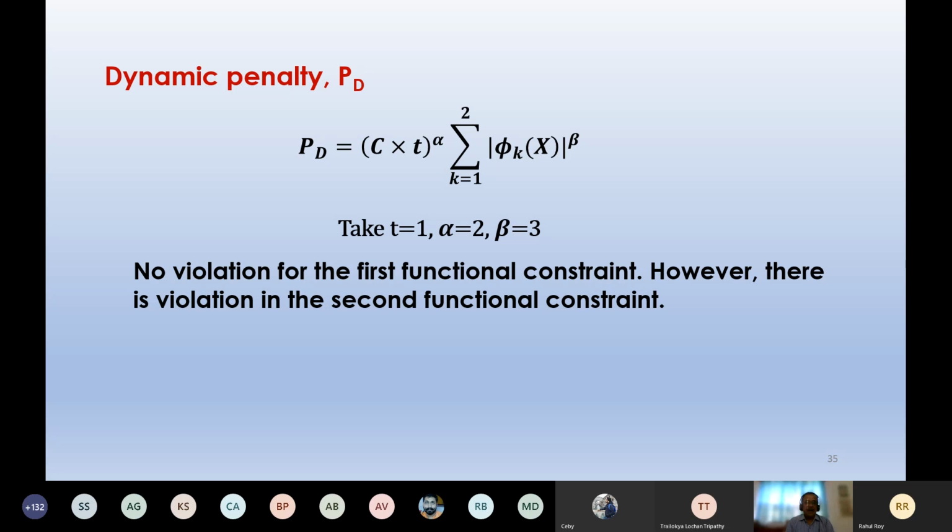Now left hand side is 5, right hand side is 5. So according to the statement of the functional constraint, 5 is actually less than 5, which is not acceptable. Are you getting my point? So if it is not acceptable, you put some penalty. We do not want to reach that type of region. That type of solution we do not want.